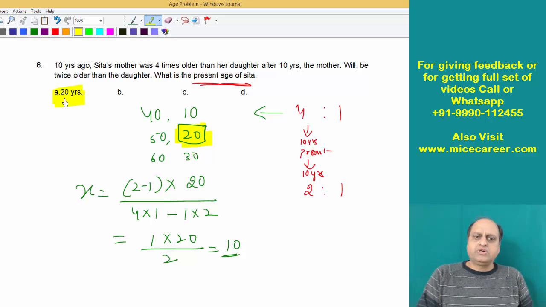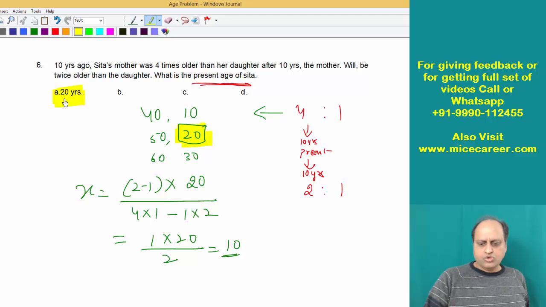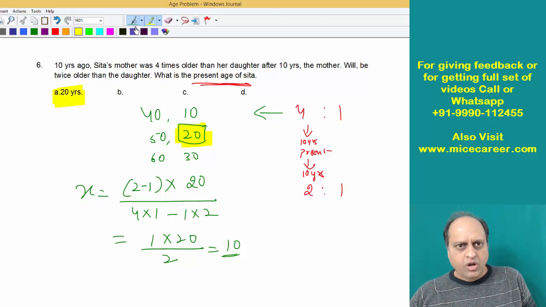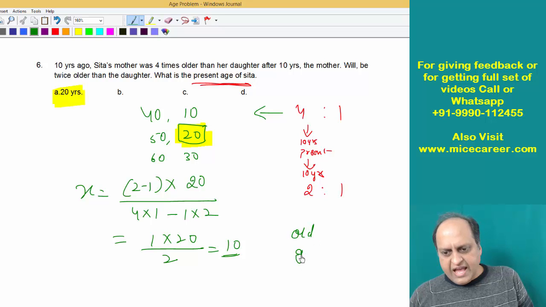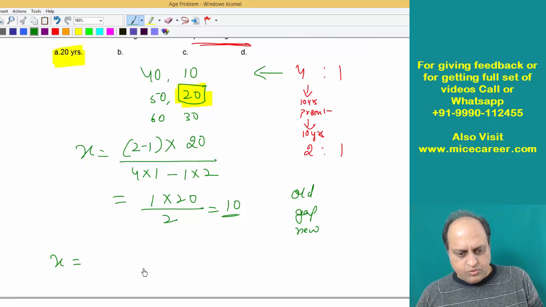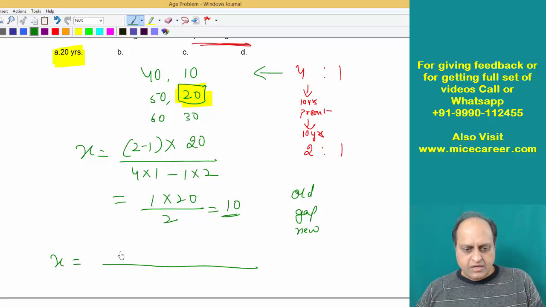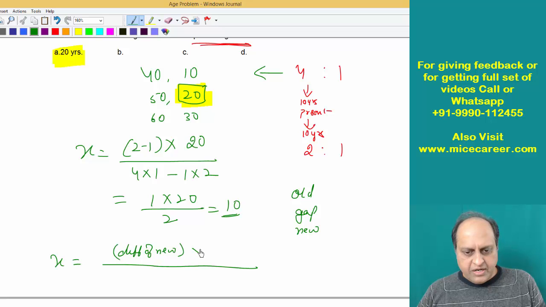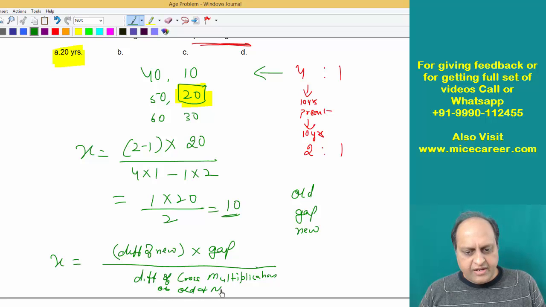So now have you understood? So easy to solve it. Just you should know 3 things: old, gap, new. And the formula for x is equal to difference of new multiplied by gap, and in the denominator difference of cross multiplication of old and new.